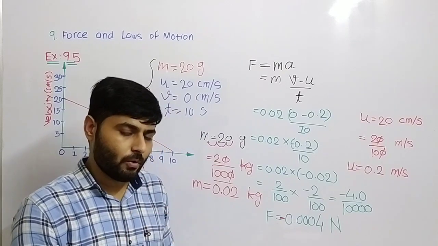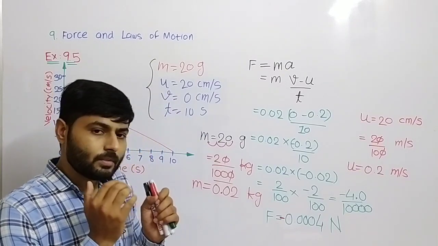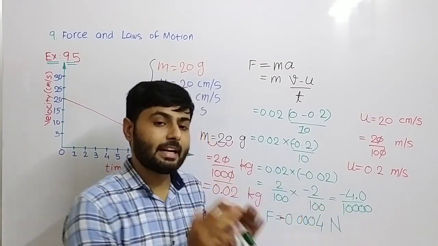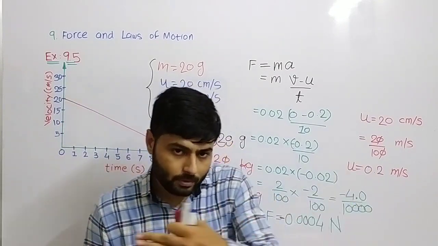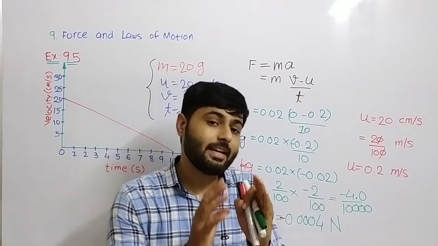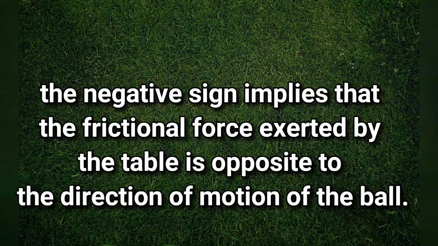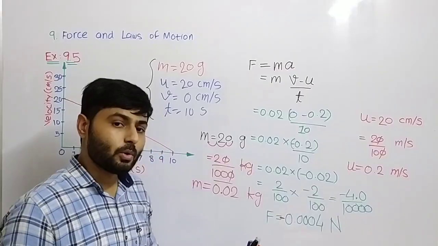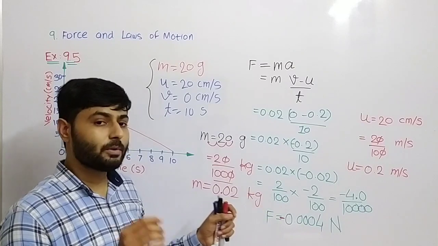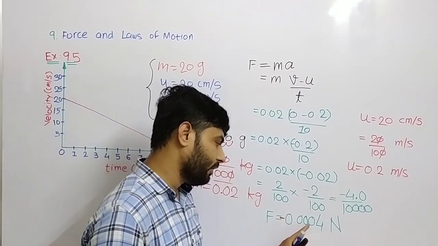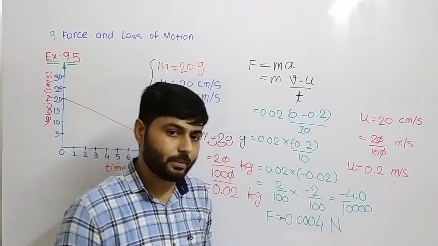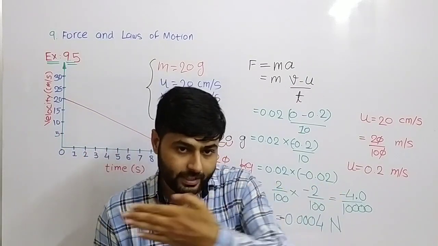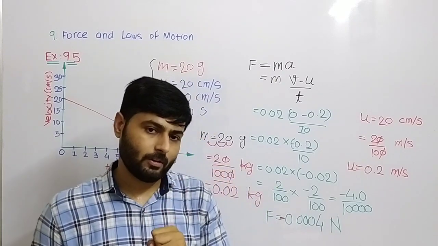So any force that is supporting motion will be positive, and any force that opposes the motion will always be negative. So here we have F is equal to minus 0.0004 Newton, as this force is opposing motion of ball.